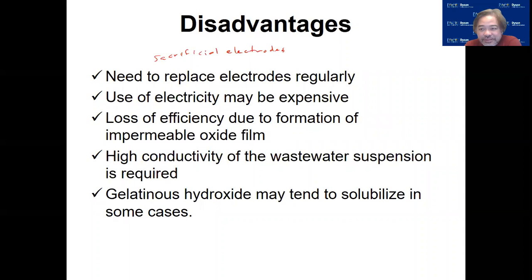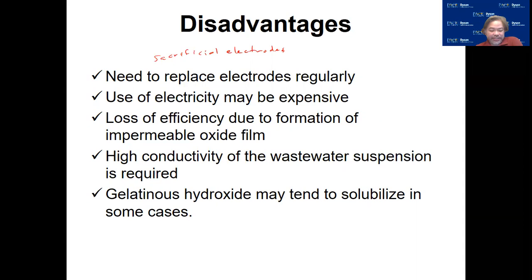I think the Philippines has the second most expensive electricity in Asia. Okay, so that would be another disadvantage. And then we have here the loss of efficiency due to the formation of an impermeable oxide film. So it has something to do with the electrodes that you use. High conductivity of the wastewater suspension might be required.